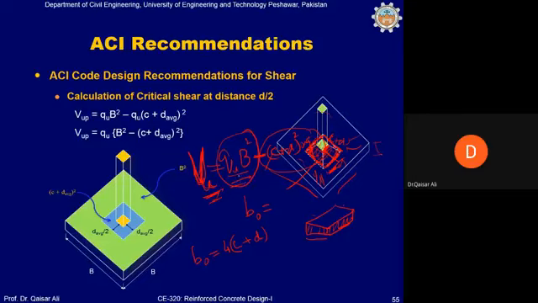So the ACI code allows us this slight reduction in the punching shear, so that if you want to slightly economize our design by reducing the thickness of the foundation pad, we can do so. Although in our practical design, we do not take any advantage of this because this is of very little significance, as you will see in the coming slide. Anyhow, the punching shear can be calculated by qu B squared, which is the total shear, if we are going to calculate shear at this interface.